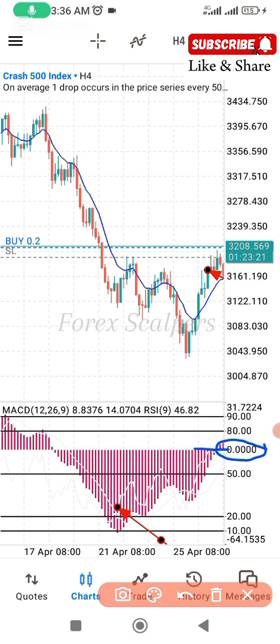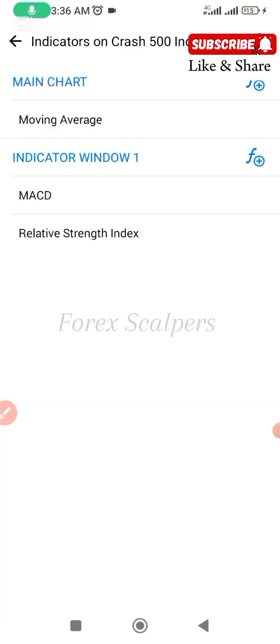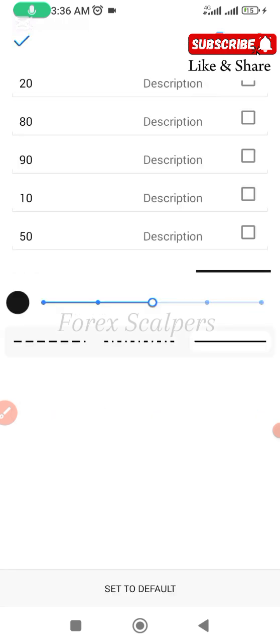So that is just how you can take advantage of that. Okay, let me delete this 50 level of the RSI so it doesn't get us confused.